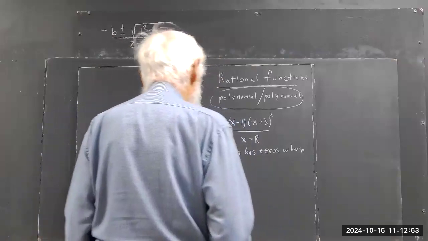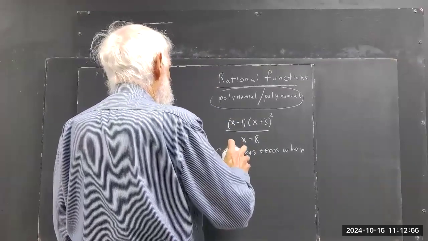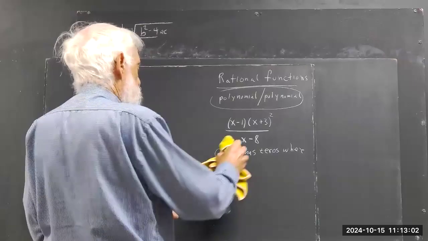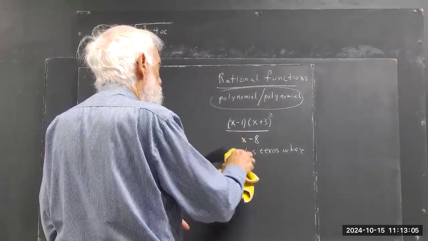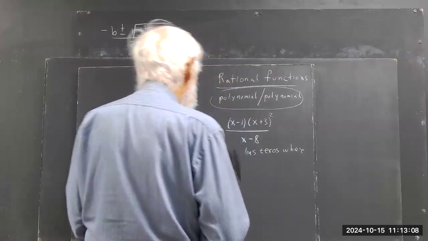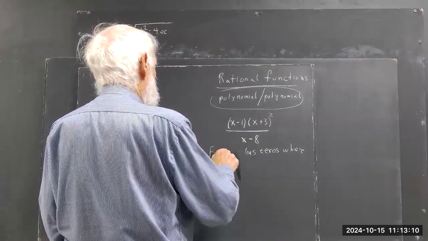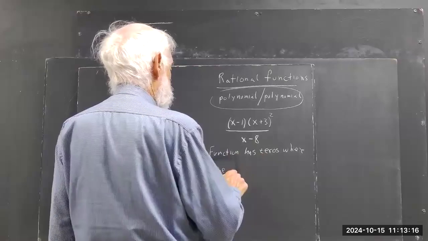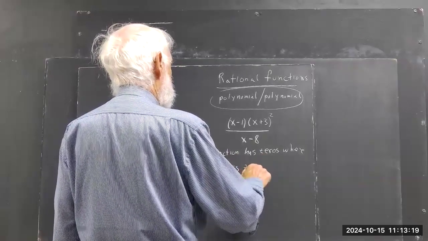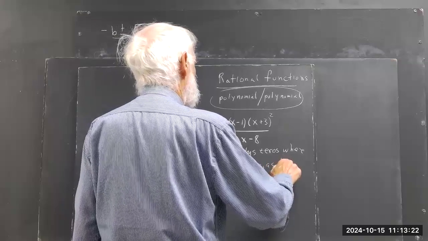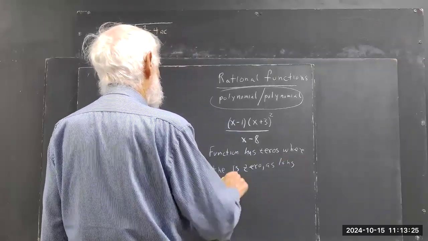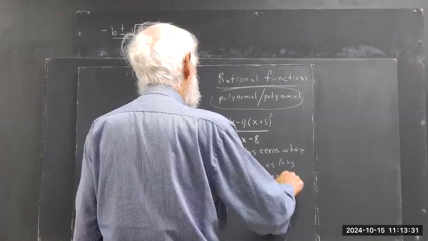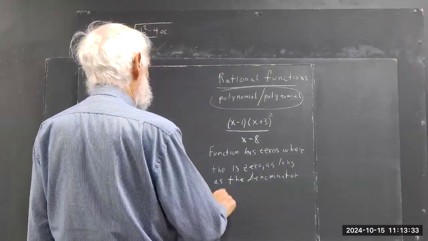and I'm kind of using front notation. So I'm going to change the word graph. The function has zeros where the numerator is 0, as long as the denominator doesn't have the same 0.